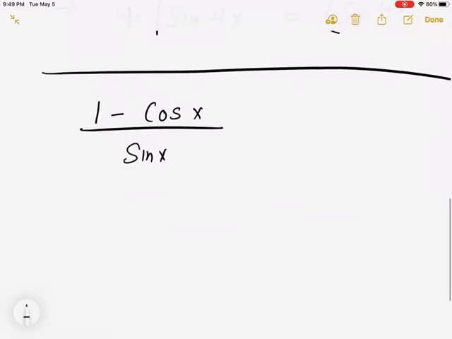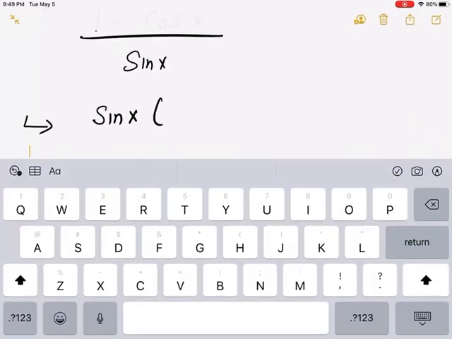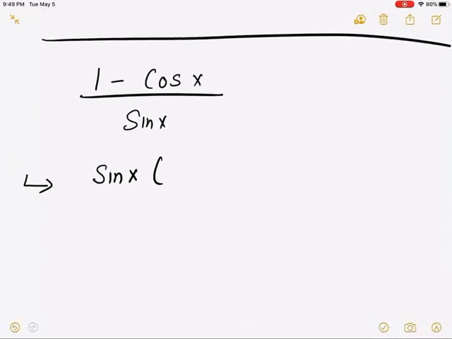So like this one, I see it's a fraction, so I would do the quotient rule. The quotient rule starts like this: I have sine x, the bottom function stays the same. The derivative of the top piece would be, the derivative of 1 is 0, and then negative cosine. Oh my bad, I have negative cosine, right?